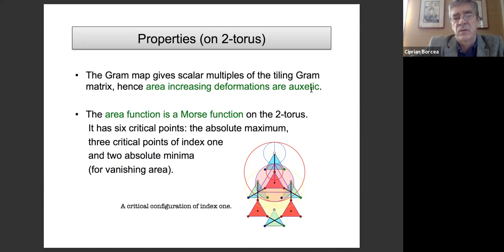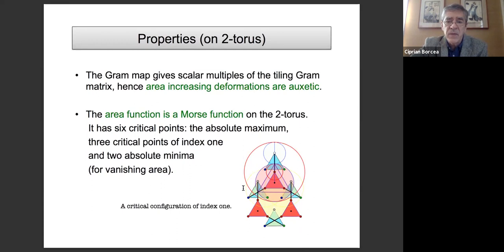So we can explore auxetic trajectories simply by observing increase in area. So that's where looking at the area function from the point of view of differential topology is useful, and it turns out that the area function is a Morse function.